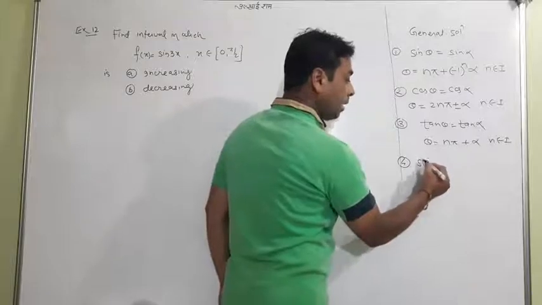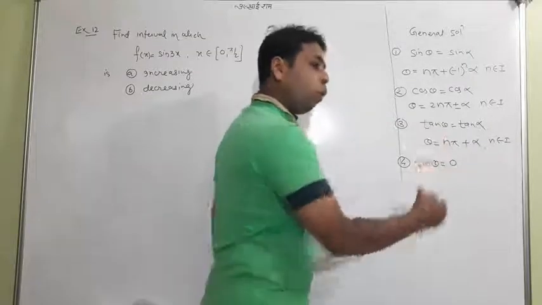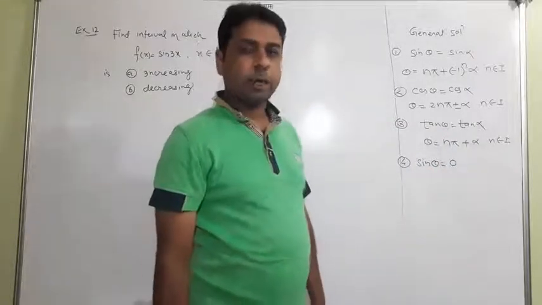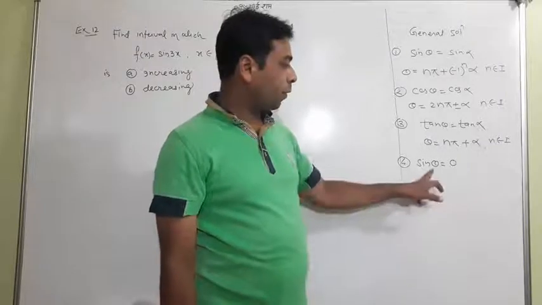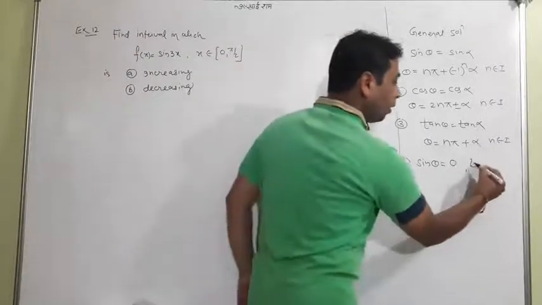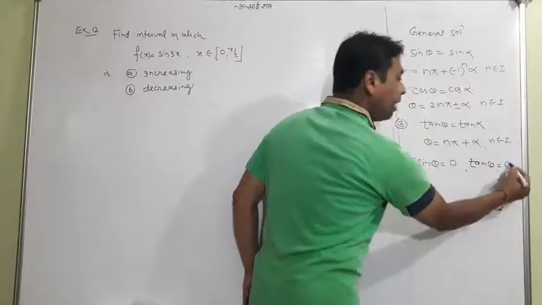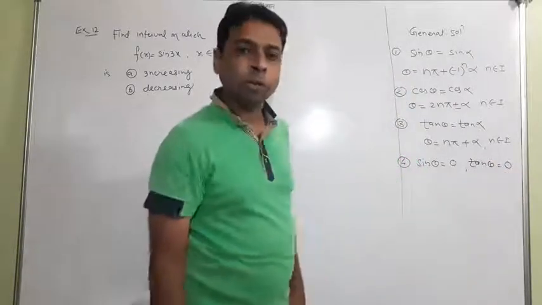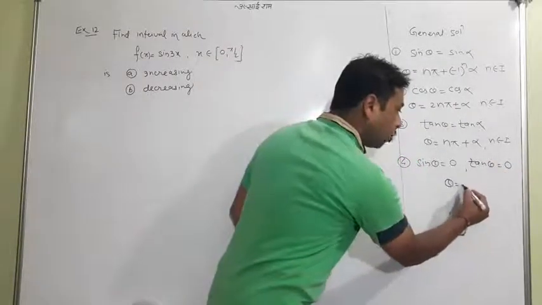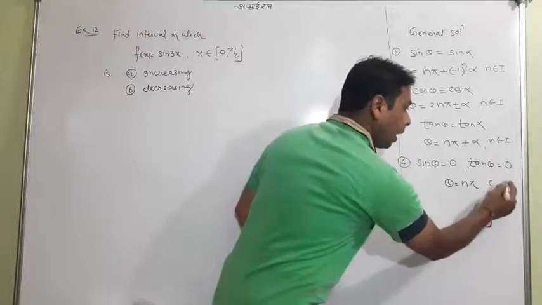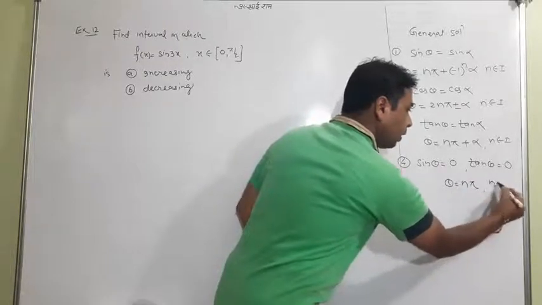Fourth, sine theta is equal to 0, when only 0 is coming. Whenever it is directly 0, for sine or tan, in both cases, when sine theta or tan theta is equal to 0, theta is equal to n pi, where n belongs to, as usual, the integers.